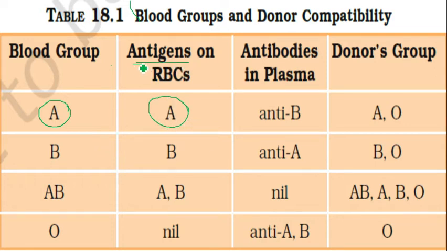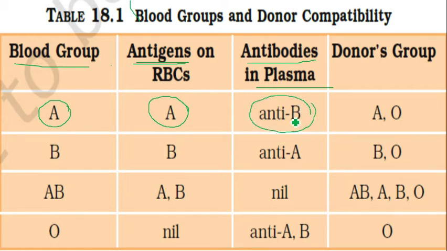This column belongs to antigens, this column belongs to blood group. A blood group persons contain A antigen on RBC. Then the antibodies which are present in the plasma of A blood group are anti-B.